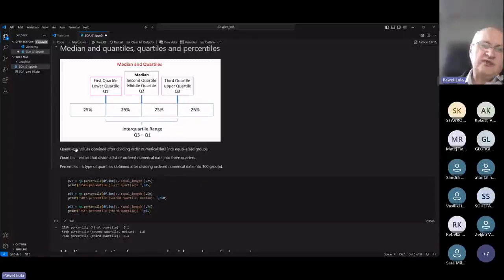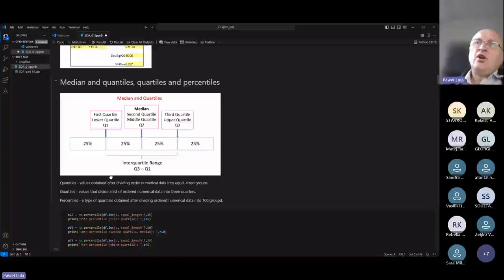When we have a given numerical variable, we should order all these values. For example, for the variable sepal length, we can analyze all values in this column and sort them from the smallest to the biggest.